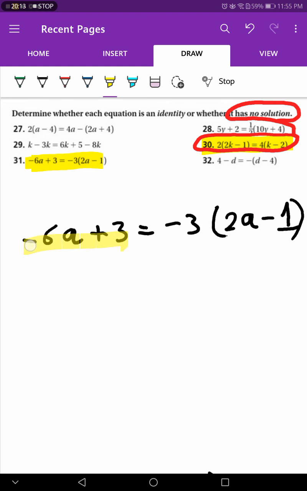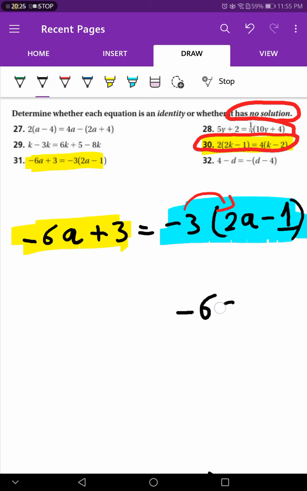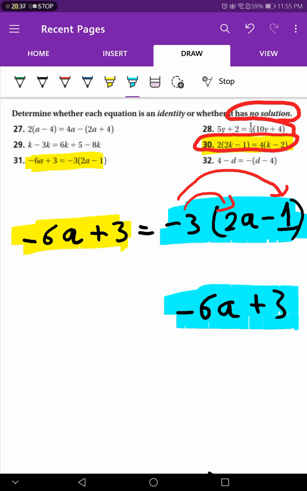The left side is ready, but the right side needs the parentheses broken. Let us break it. Negative 3 multiplied by 2a equals negative 6a, and negative 3 multiplied by negative 1 equals plus 3. So the right side is ready.